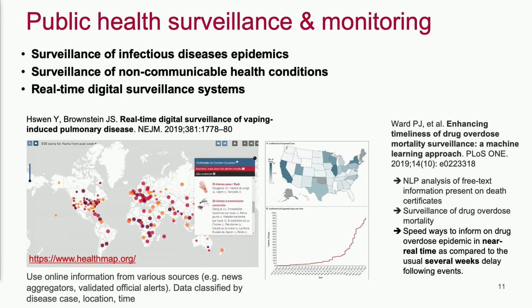And what is interesting in that case is that it can be done very quickly as compared to the use of traditional methods, where we usually need several weeks working on death certificates to be sure we have information that could be used and validated further.